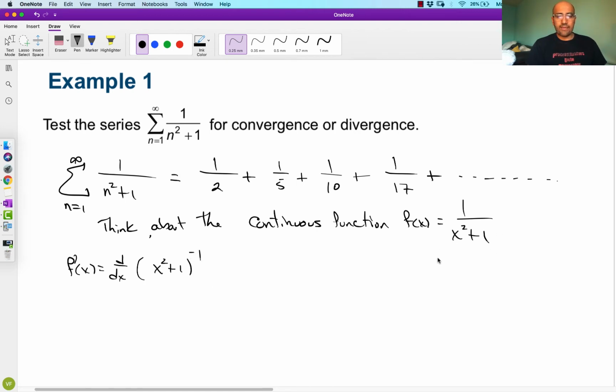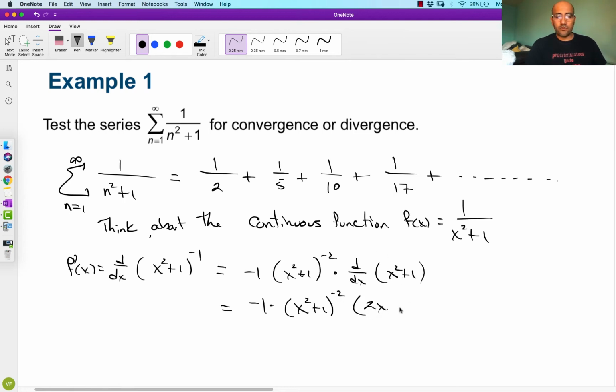Okay, so this could be the chain rule. This would be equal to -1 times x squared plus 1 to the -2 power, times the derivative of the inside part, which becomes 2x plus 0, which is 2x.